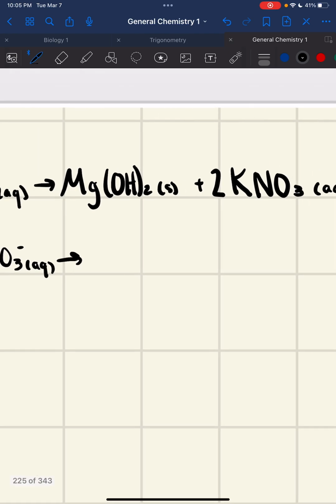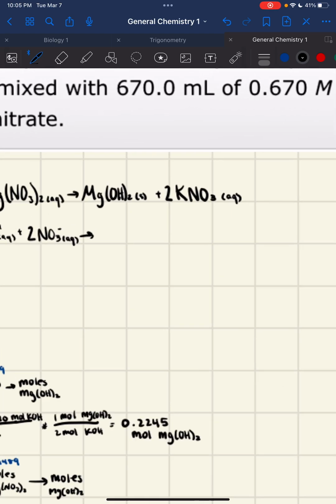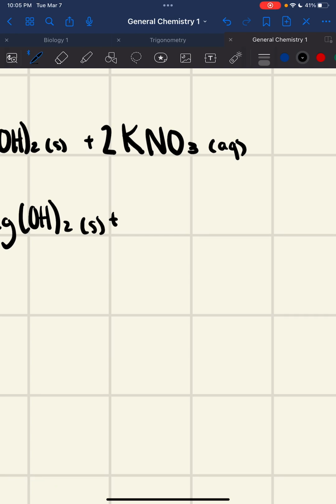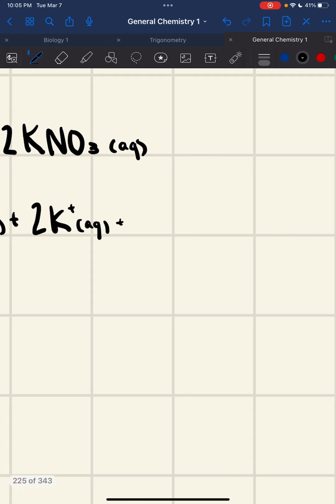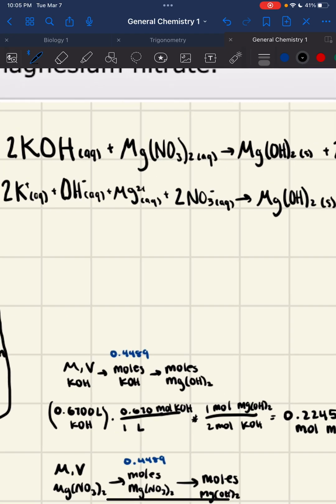And we move over, and this is going to be a solid. It's a weak electrolyte. It does not dissociate, so therefore we're still going to keep our magnesium hydroxide solid. And then this is plus 2K+ aqueous plus 2NO3− aqueous. Alrighty. And this is just figuring out our spectator ions.